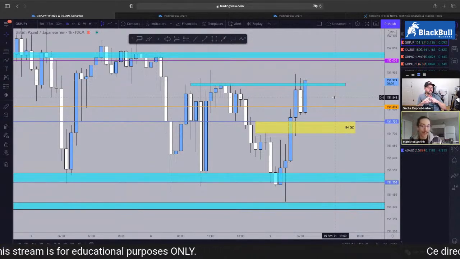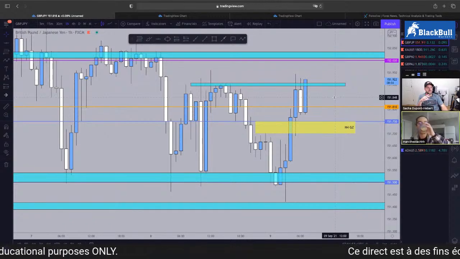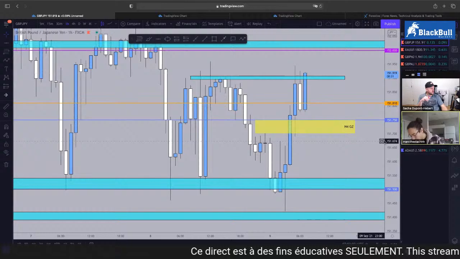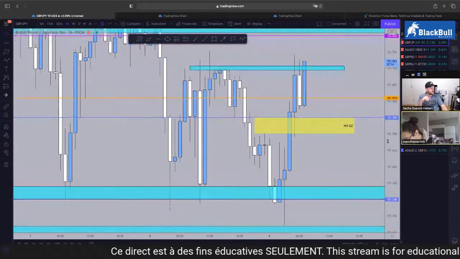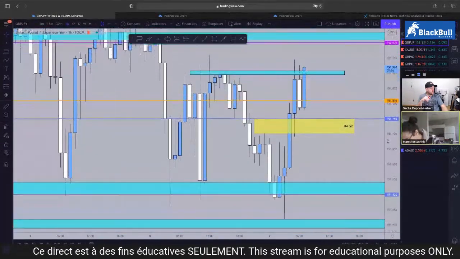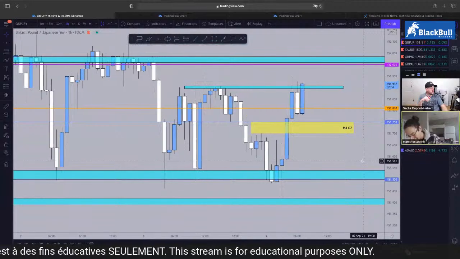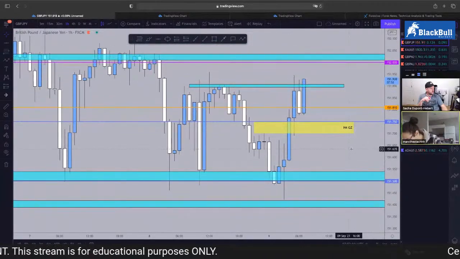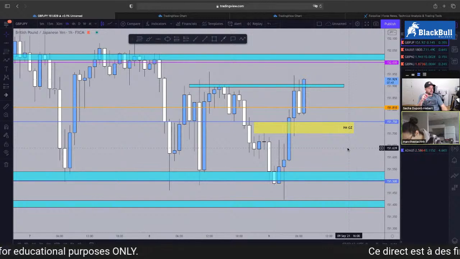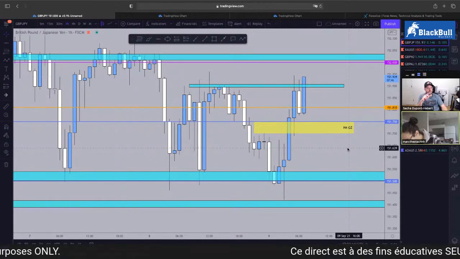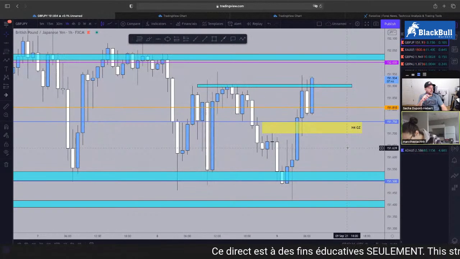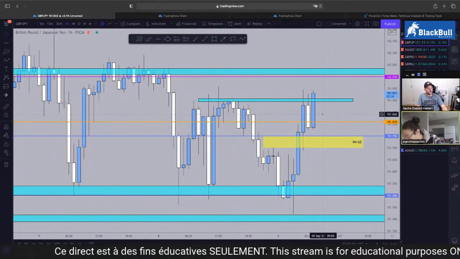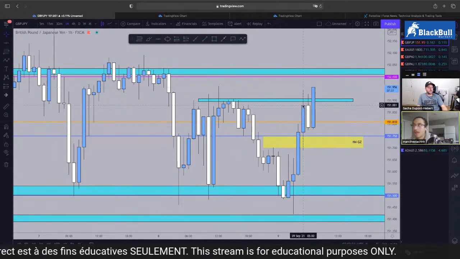Look down, break the high. All right, so now this 1 hour is breaking the high of the previous 1 hour, so it looks like a booby trap candle.